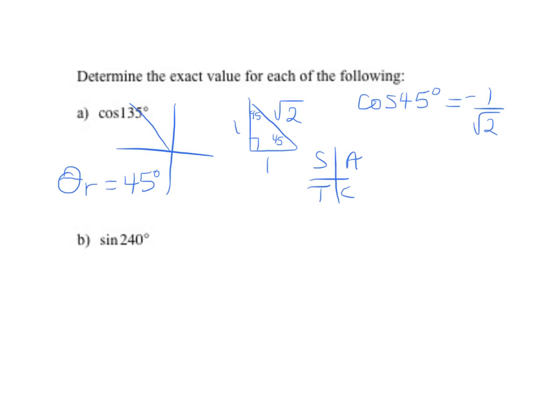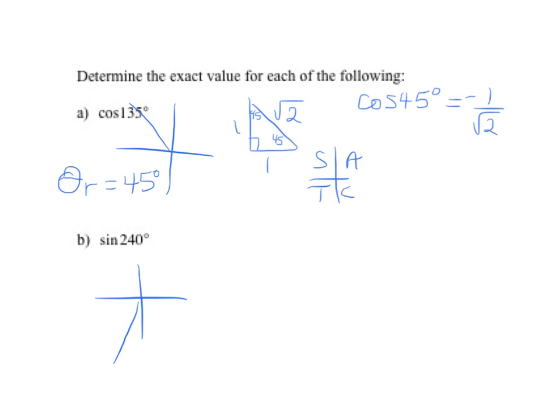So sine of 240 degrees. Where is 240 degrees? Which quadrant? In quadrant 3. What's its reference angle? The reference angle always has to measure to the x-axis. So it's this angle in here, like from there to there.